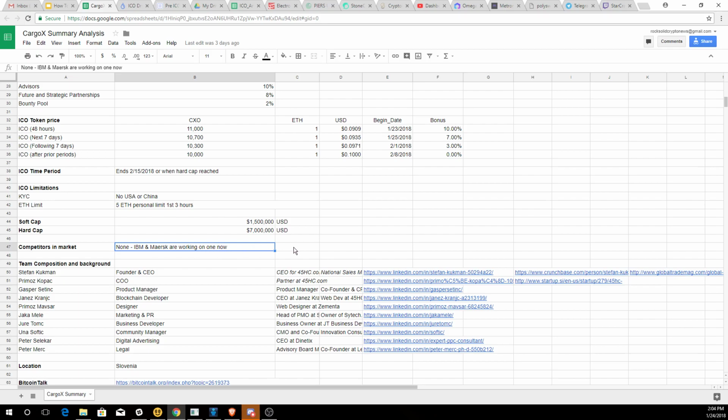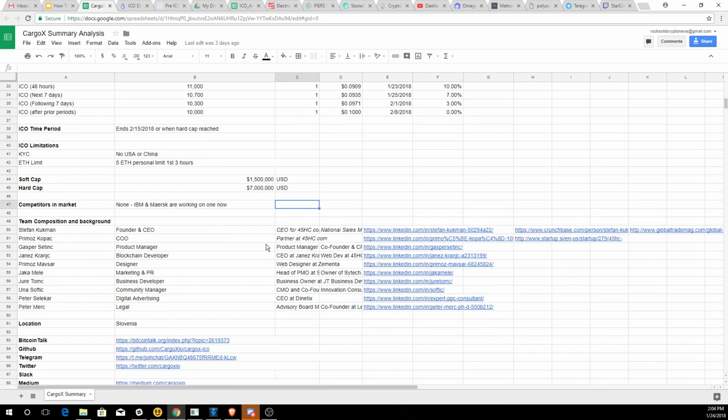Competitors, no real competitors in the market yet. IBM and Maersk are working on one now. And I know there's some indirect competitors like WaltonChain and VeChain, that are doing RFID technology to monitor and track the entire supply chain industry. So if they moved some of that technology onto not just the products that they're tracking, imagine if they started tracking the shipping containers and putting out RFID chips on the shipping containers, and then putting out the sensors at all the ports as well.